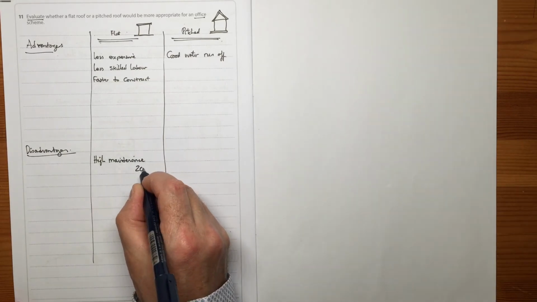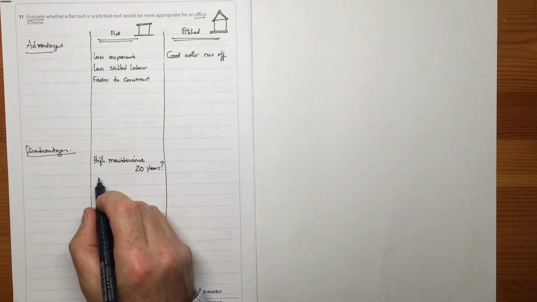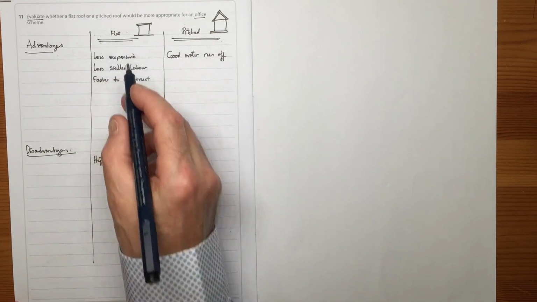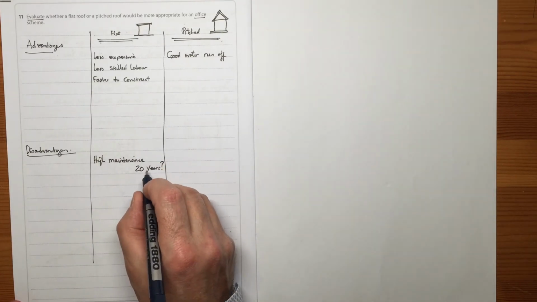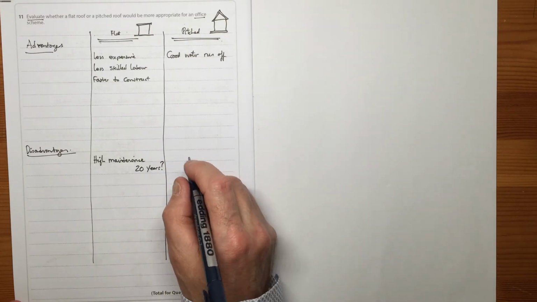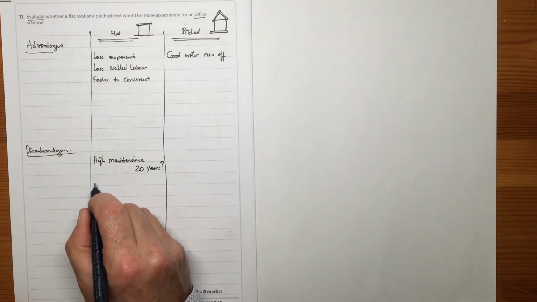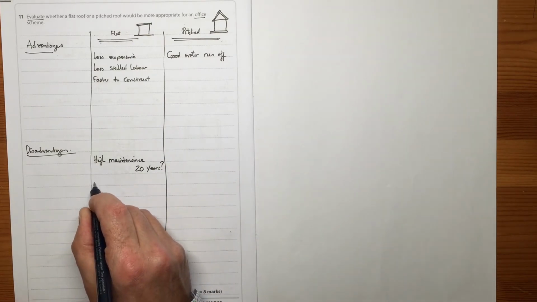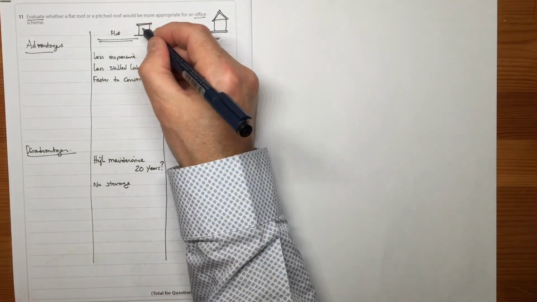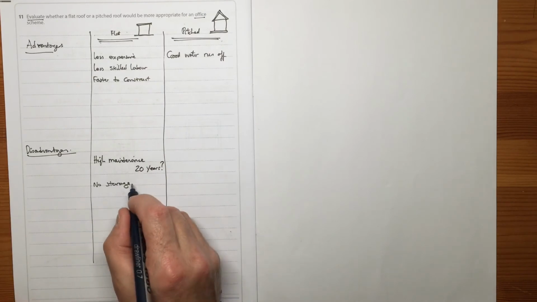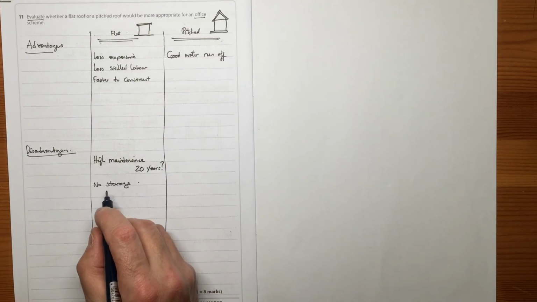They may last 20 years. May do. You can get other methods of forming flat roof using glass fibre that can last 50 years, but I don't think anything can beat tiles, really, concrete or clay tiles. Let's see, what's the disadvantage? No storage. You've got no way to store anything inside. Okay, so shorter lifespan.